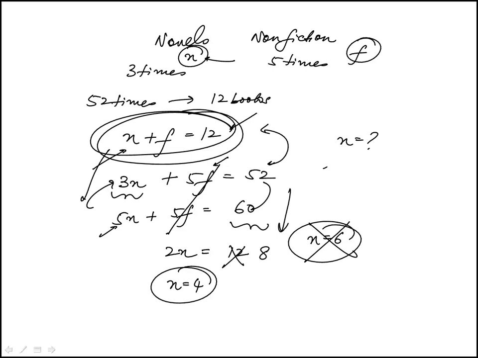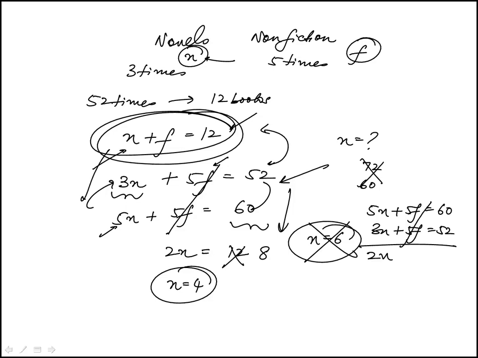I think another reason I made this mistake is that I wrote them in a format that just compelled me to do 12, because it's almost like thinking 72 and 60. So perhaps writing it in the other form, meaning 5N plus 5F is 60, 3N plus 5F is 52, I don't think I would have made the mistake.